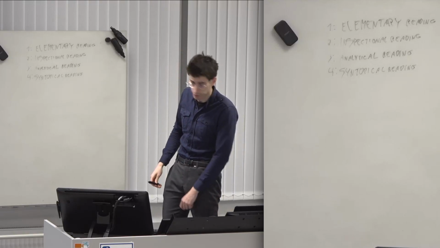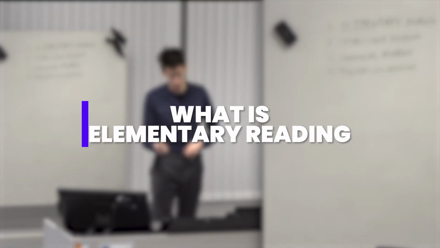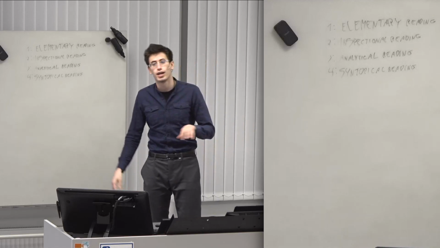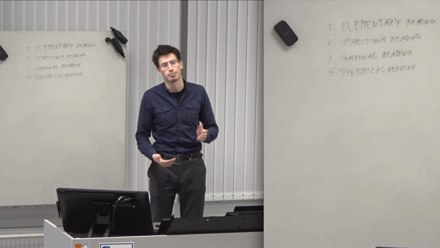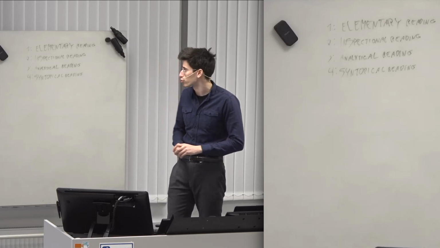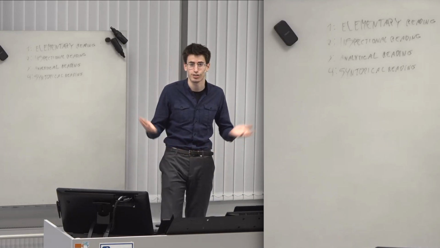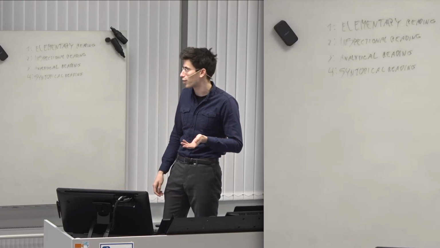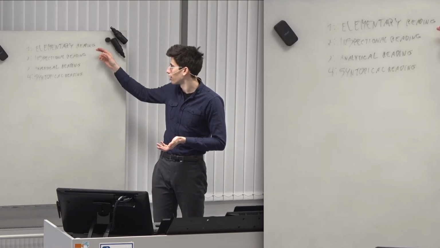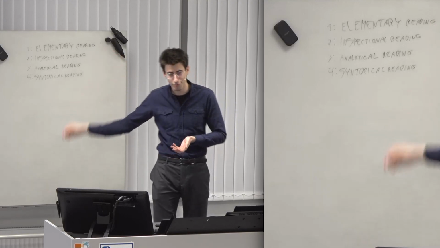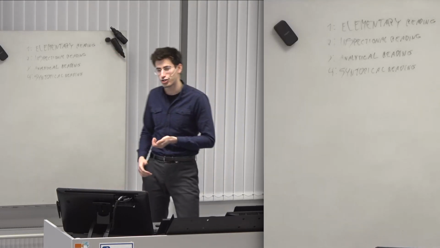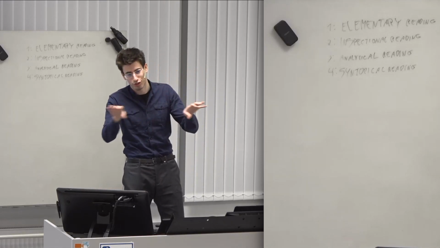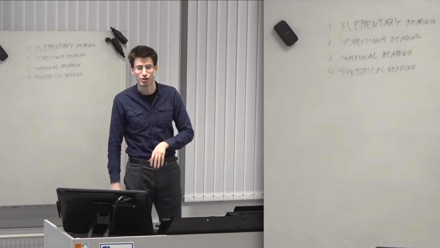So let's start out first with what is elementary reading. Elementary reading is the most basic form of reading. And what's interesting is that most people today, arguably 99% or 99.9% of people today, the type of reading that they do is elementary reading. Elementary reading, as the most basic type of reading, is concerned with what the words say and what a sentence says.